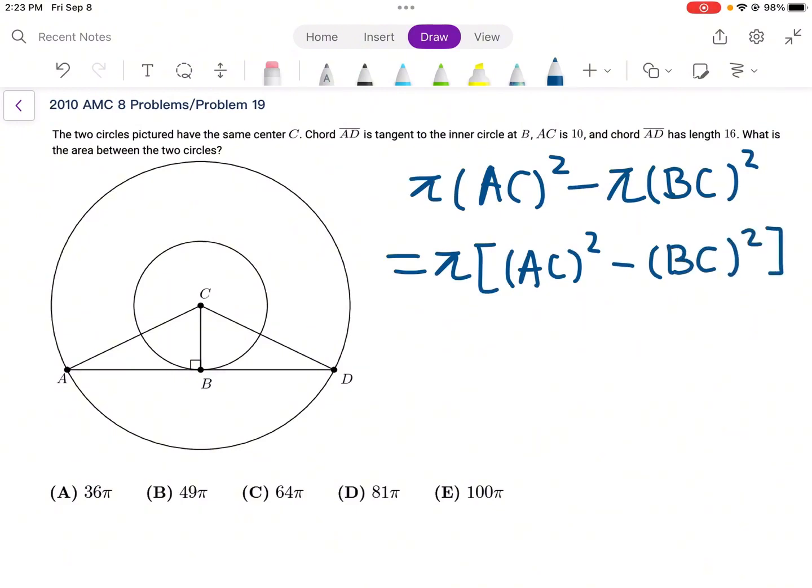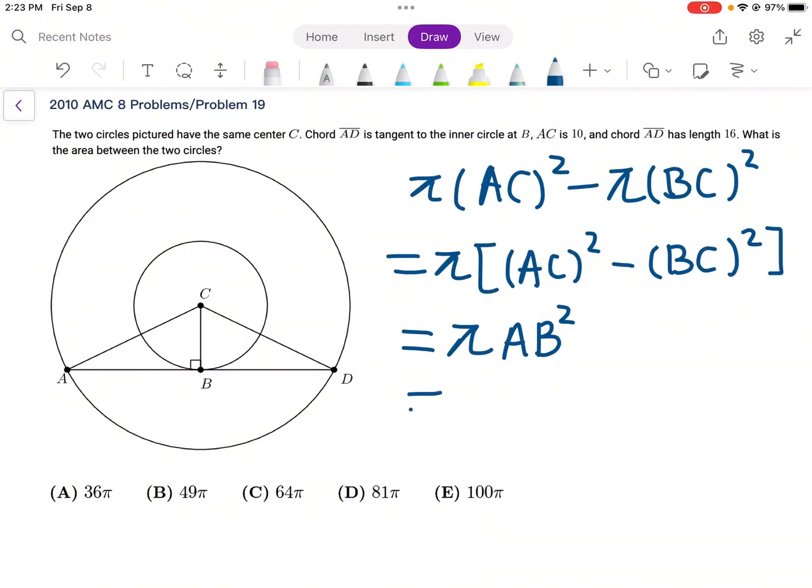Because triangle ABC is a right triangle at angle B, therefore AC square subtract BC square equals AB square. So this can be simplified as pi AB square, because B is the midpoint of AD.